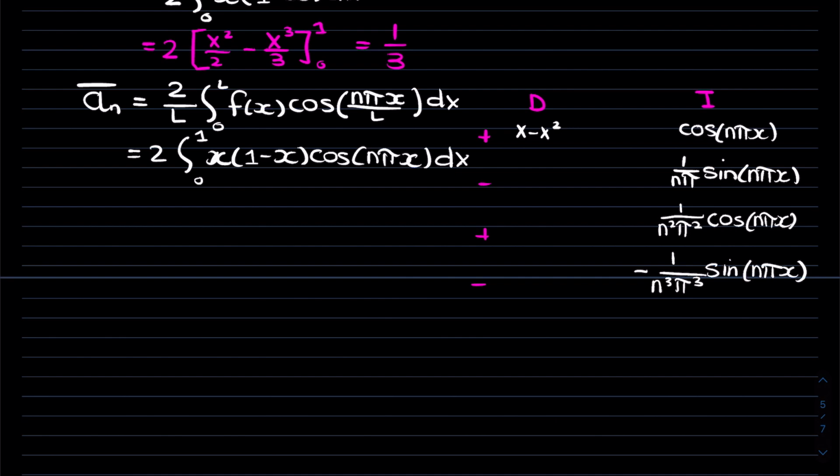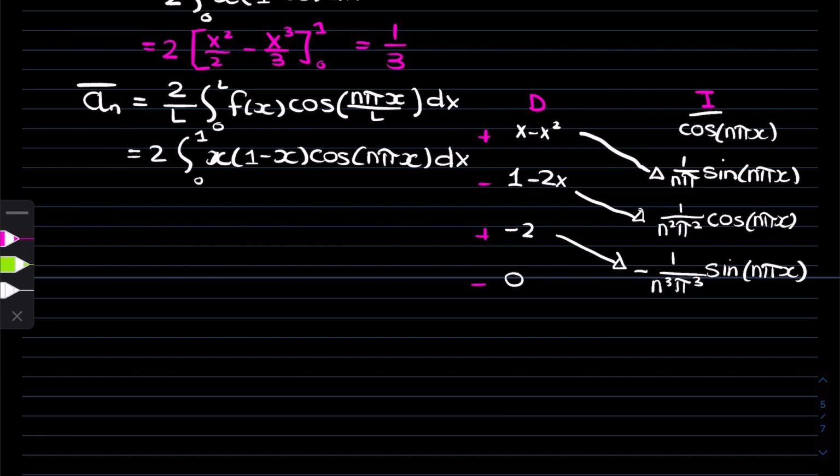If you are interested, I've just taken the integral. So the I just means the integral and D is just the derivative. And then all I'm going to do is multiply these, and these here.